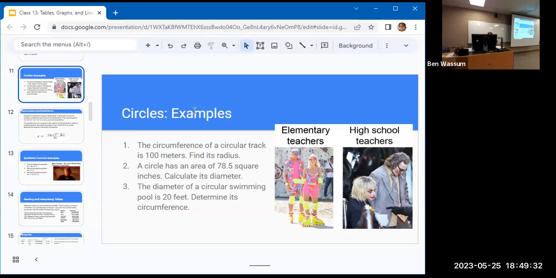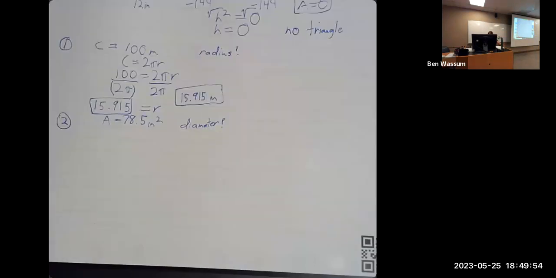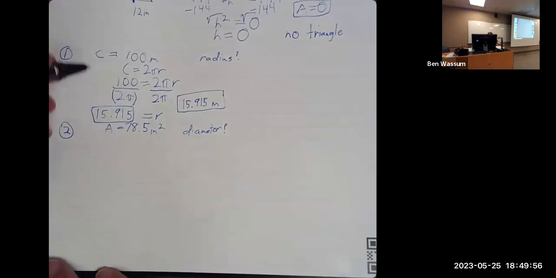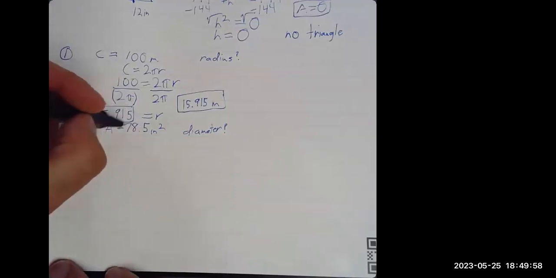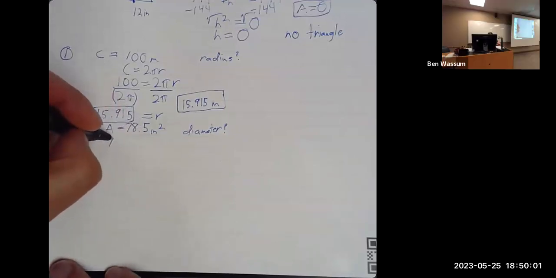Number 2 says a circle has an area of 78.5 square inches and calculate its diameter. So if this is my area, we have to have our formula for the area of a circle.